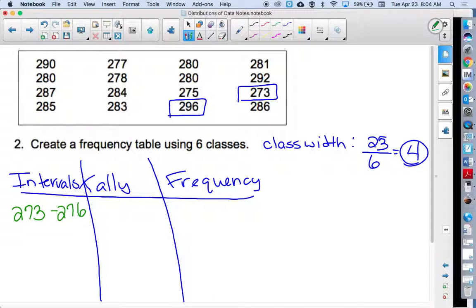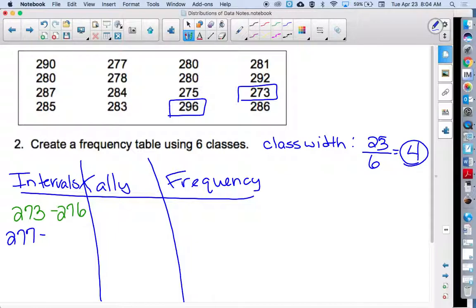But when you subtract, you're not including or counting that first initial value. So if you actually count to yourself 273, 4, 5, 6, I have 4 numbers in that class, including the number 273. So my second class starts with the next number, 277, because the previous one stopped at 276.